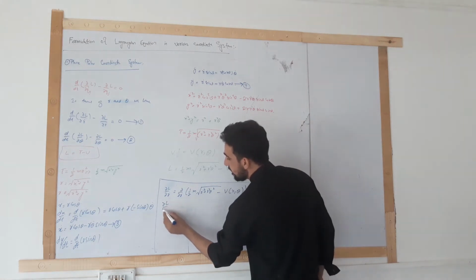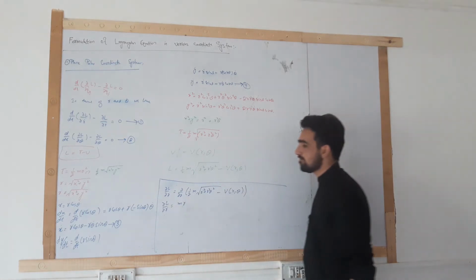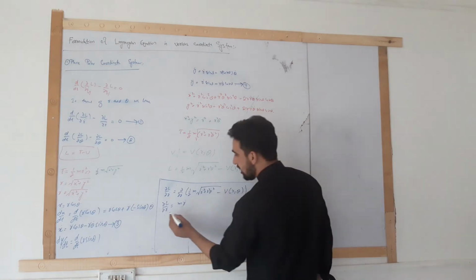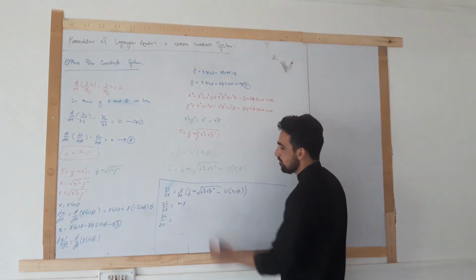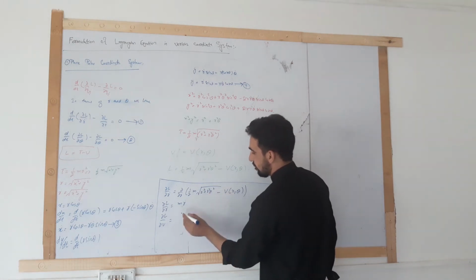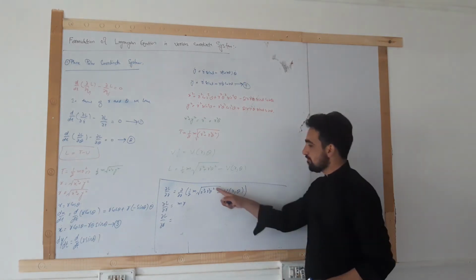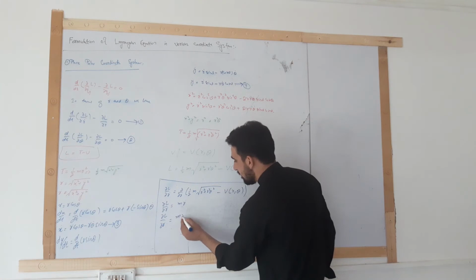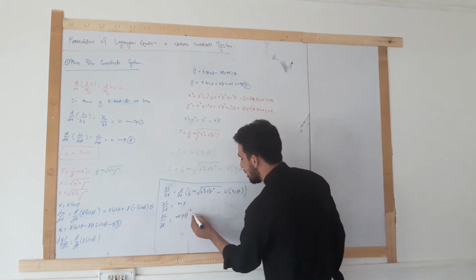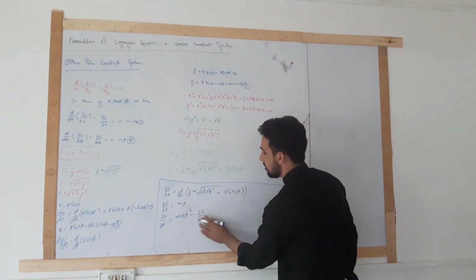So partial L by partial r dot is equal to m r dot. Similarly, partial L by partial r will become equal to m r theta dot squared minus partial V by partial r.